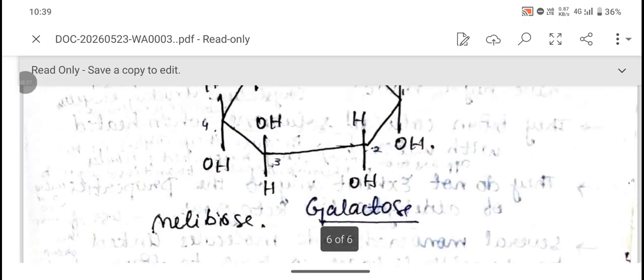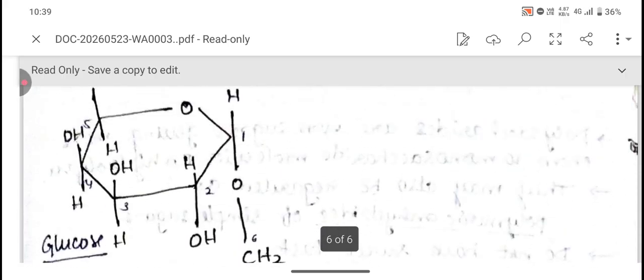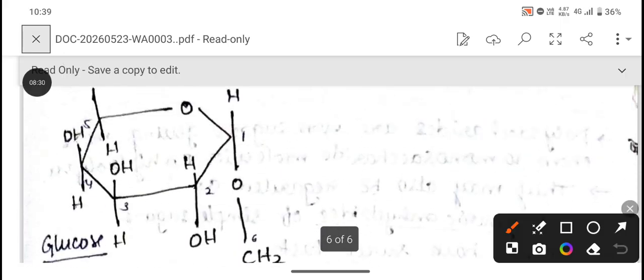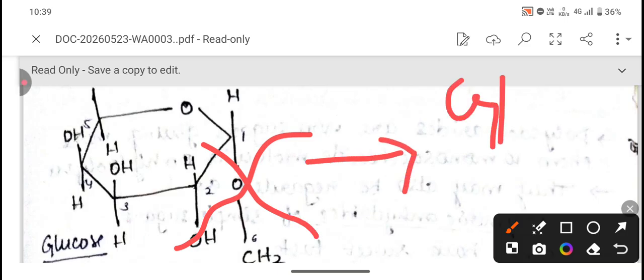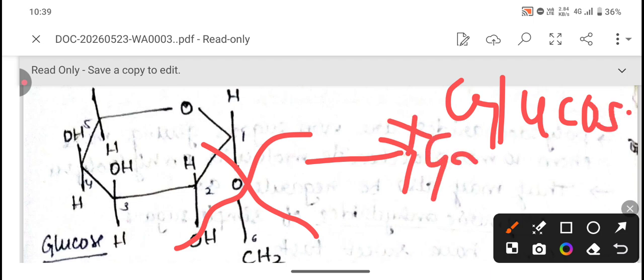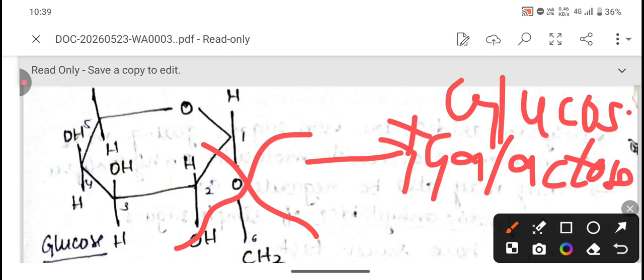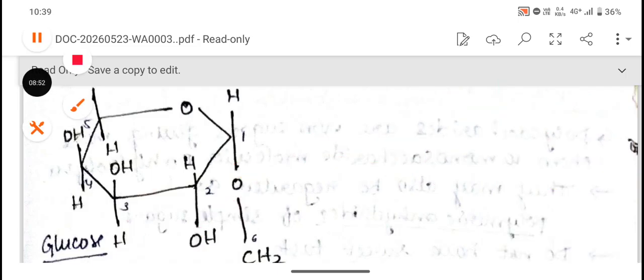If you want to produce glucose and galactose again, breaking this particular bond upon hydrolysis will give glucose and galactose as individual units. So this is how you can produce glucose and galactose, and you can produce Melibiose from glucose and galactose.